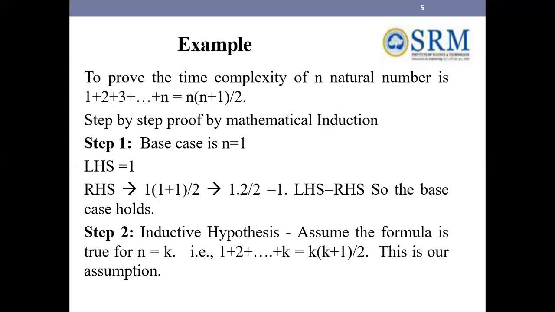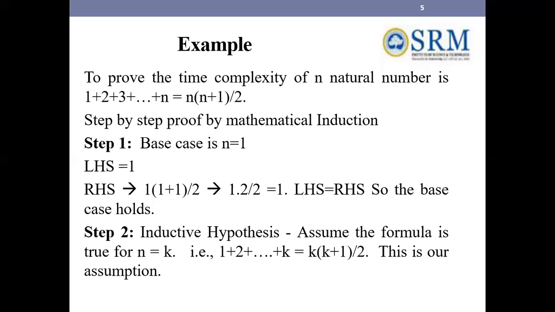And inductive hypothesis, we are taking some number of input size, that is k. Now we have to assume that the algorithm works correctly for k size of input. That is, P of k is true. Initially, the base case P of n naught is true, and now P of k is true. So if n is equal to k, the relation can be changed to 1 plus 2 up to k equal to k into k plus 1 by 2.